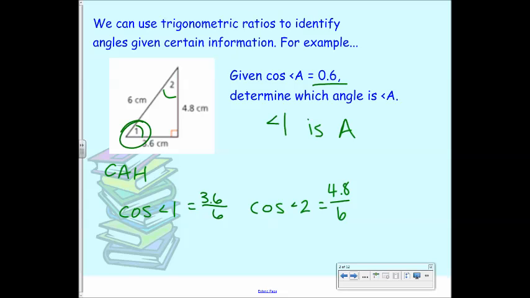And then what's 4.8 divided by 6? So then if cosine of A is 0.6, which one of these is A? Angle 1. Because the cosine of angle 2 was 0.8. Try it out with both of them. You don't have to do the 90, because we don't do the 90 degree.